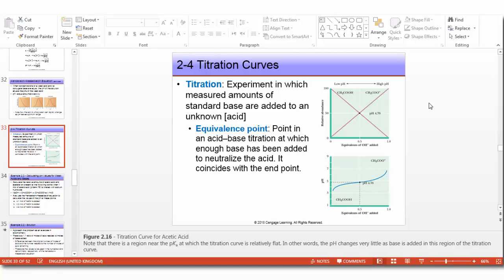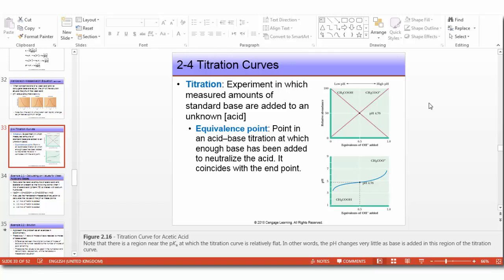Titration begins by using a pH meter until we reach something called the equivalence point, the point in titration at which enough base has been added to neutralize the acid. So this is called the equivalence point.